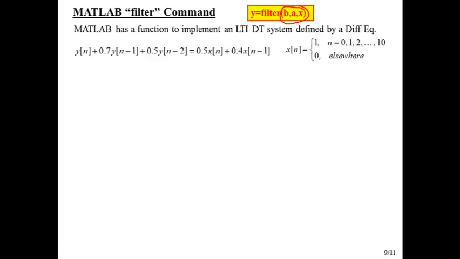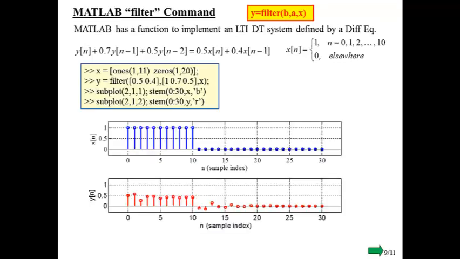All you need to do is put three things into it. A b vector, an a vector, and an x vector. So the b vector is just the coefficients from the input side. So you can see the 0.5 and the 0.4. They go right in there. And these have to be in sequential order.